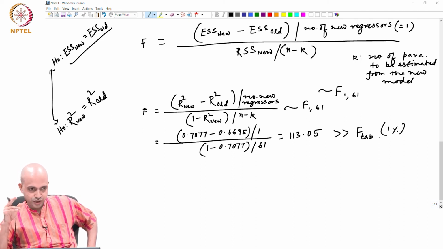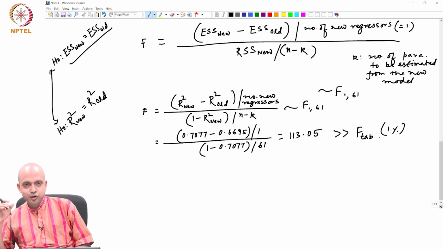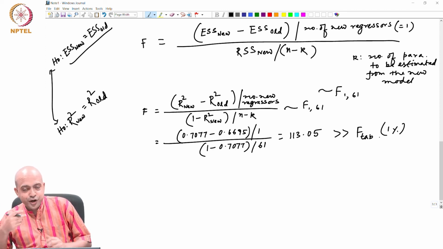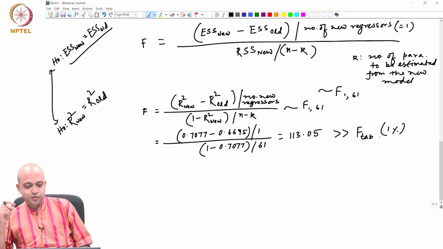When you are to decide whether a new variable should be added or not, what would be the benefit of adding it? The benefit is in terms of extra explanatory power in the model, which is in terms of the ESS or R square. And what is the cost?